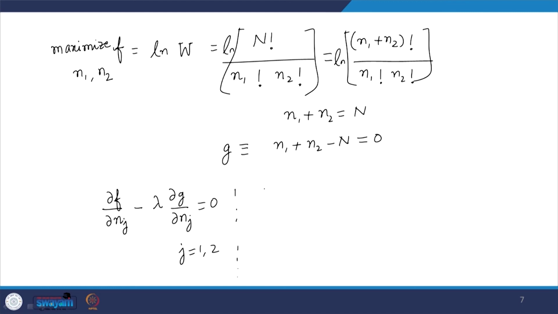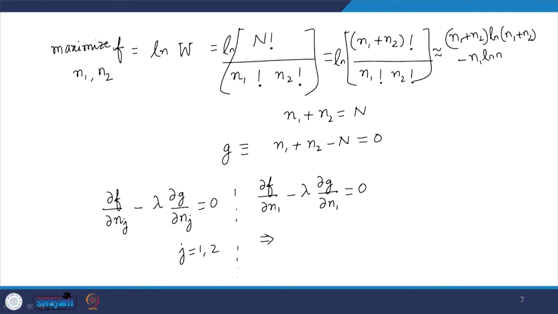So, let us say if I want to do for j equal to 1, then we have dou f by dou n1 minus lambda dou g by dou n1 is equal to 0, and this becomes, we can already use the Stirling approximation, and this will be n1 plus n2 ln of n1 plus n2 minus n1 ln n1 minus n2 ln n2.